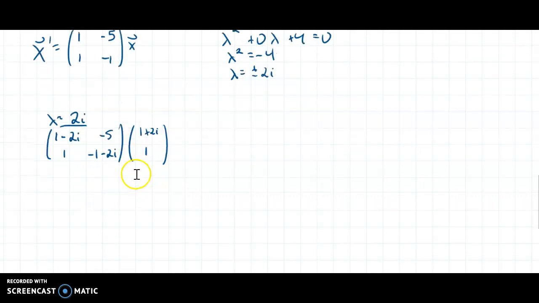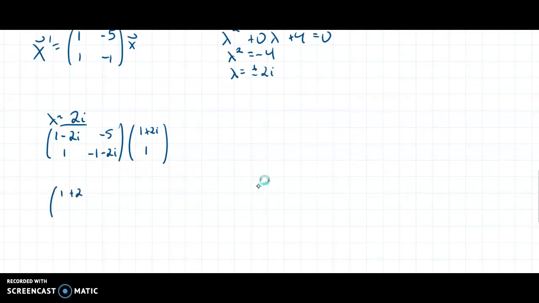So next thing I do, I take that vector, 1 plus 2i, 1, and I'm going to multiply it by e to the 2i t. Honestly, you don't even need to write this once you get in the habit of this stuff, but that at least connects it with the ideas from above.